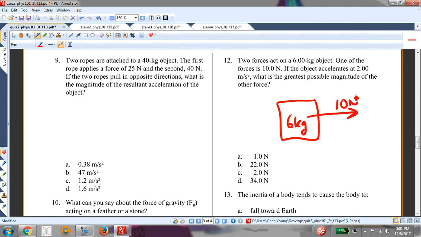That's where this gets a little tricky. But I do know that the net force on this object is equal to mass times acceleration. My mass is 6 kilograms. My acceleration is 2 meters per second squared, so my net force on this is 12 newtons.